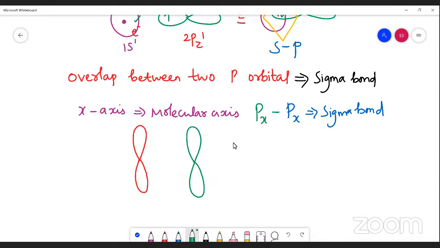So this is called a head-on overlap. Whenever the atomic orbitals overlap like this, it is named head-on overlap.